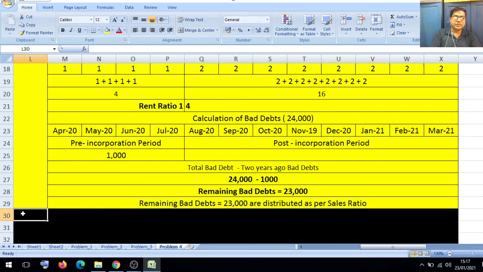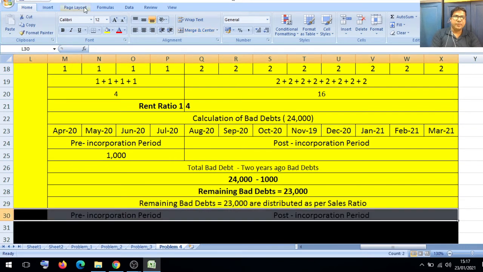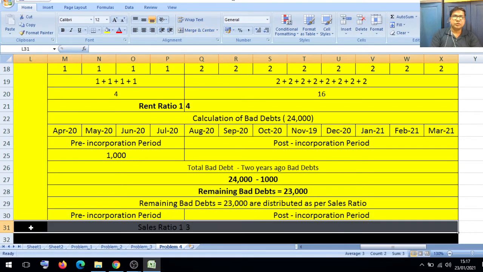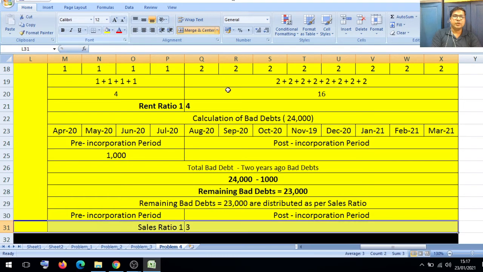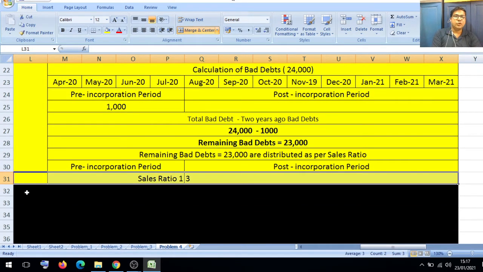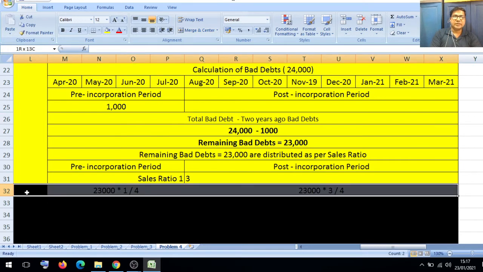We will use the sales ratio, which we know is 1:3, and allocate 23,000 on that basis.